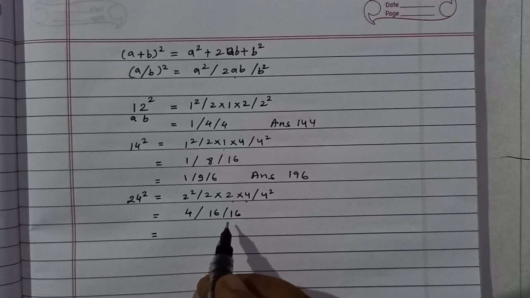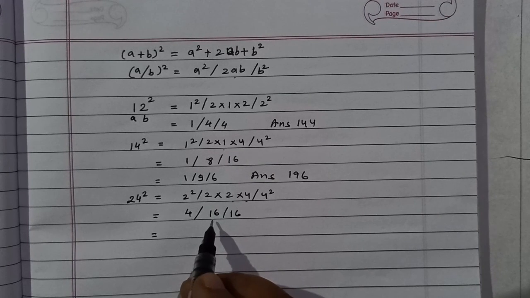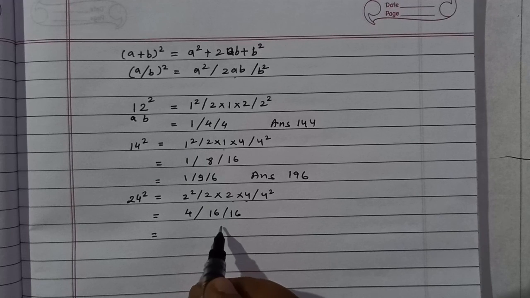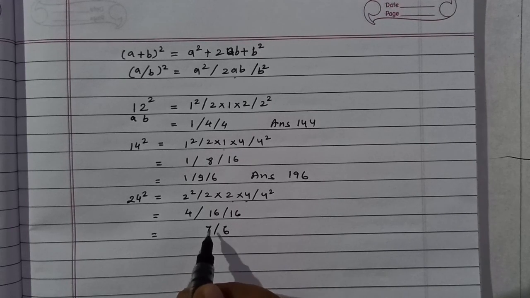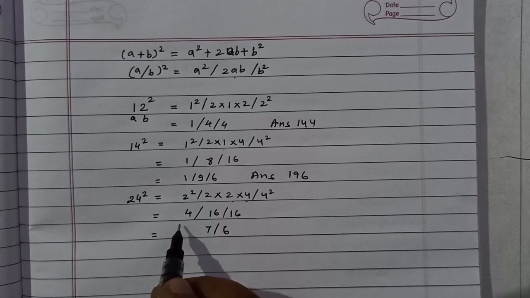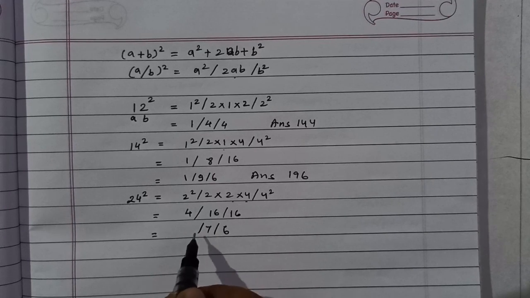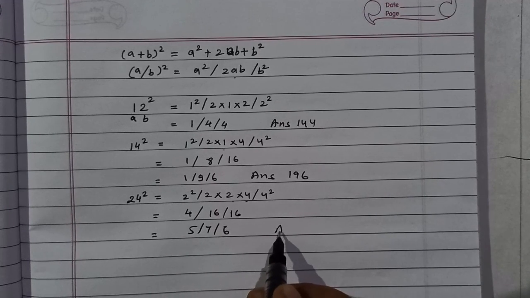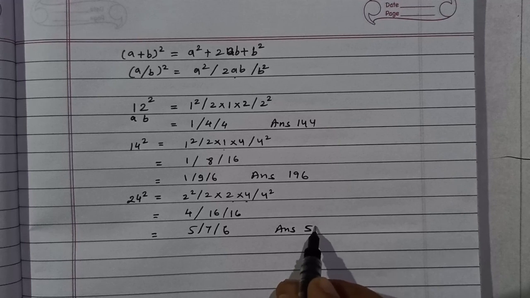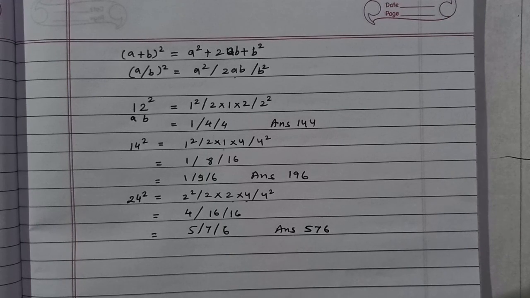Right part has two digits, so left digit 1 carries forward to the middle part. 16 plus 1, 17. Two digits, left digit carries forward to the left part. 4 plus 1, 5. Answer is 576.